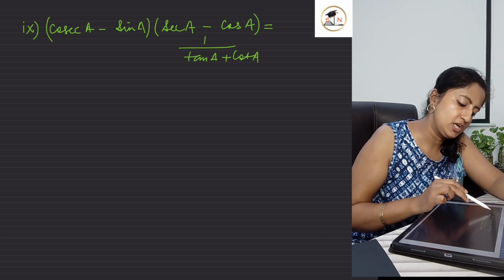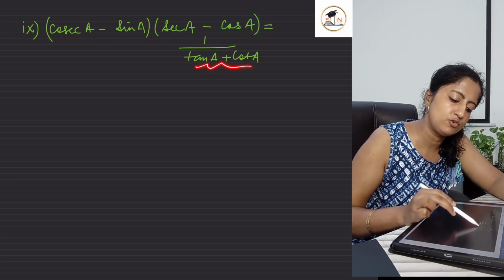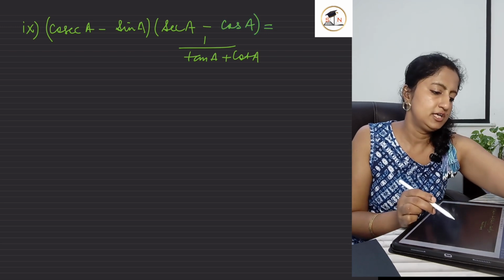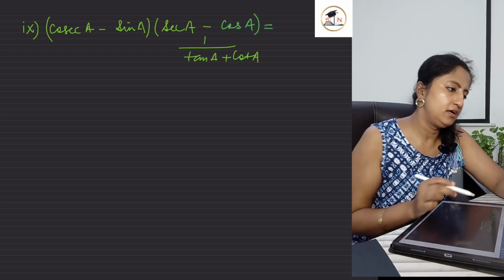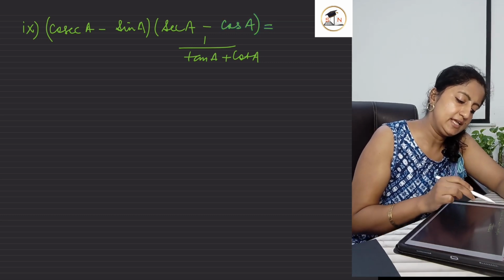The question says (cosec A minus sin A)(sec A minus cos A) equals 1 over (tan A plus cot A). So what we have over here is we are going to convert things in terms of tan and cot eventually, right?